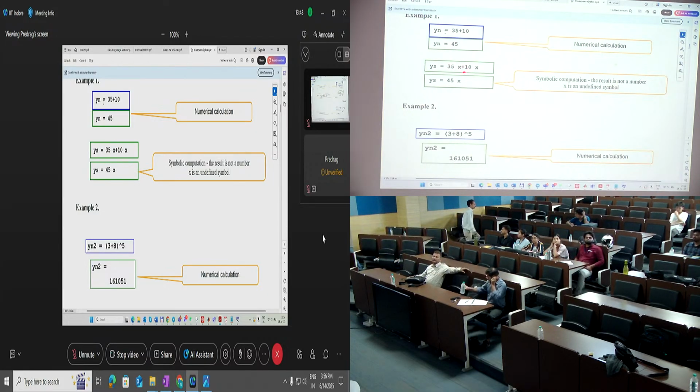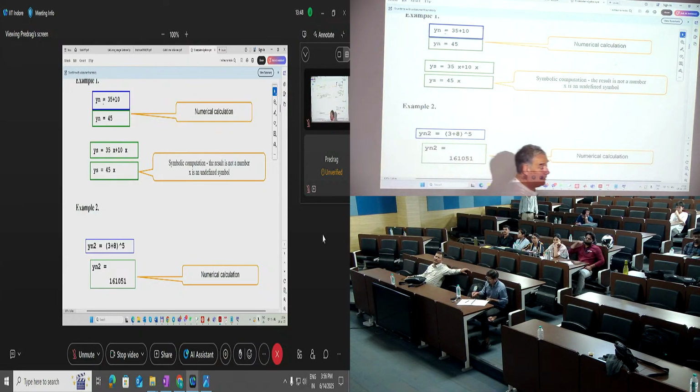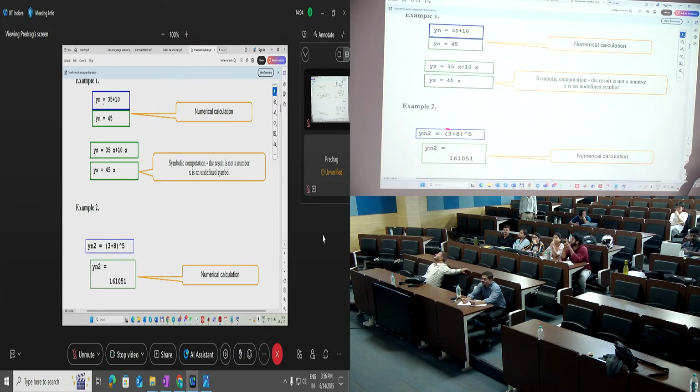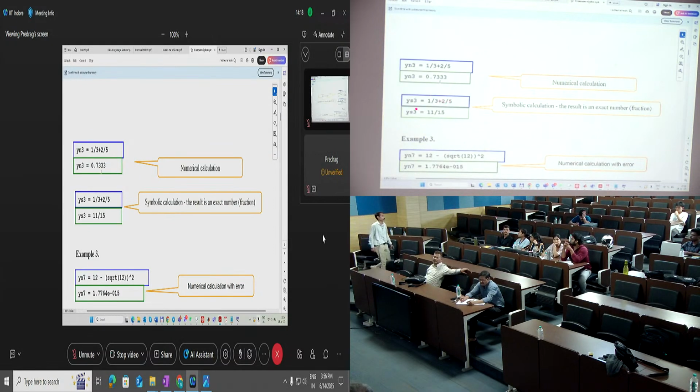But here is the sum of two expressions. In both expressions, one unevaluated symbol x is included. The result is given in terms of these unevaluated expressions. Numerical calculation will give such a power as a numerical value, not able to give the exact result as is the case in symbolic calculation.